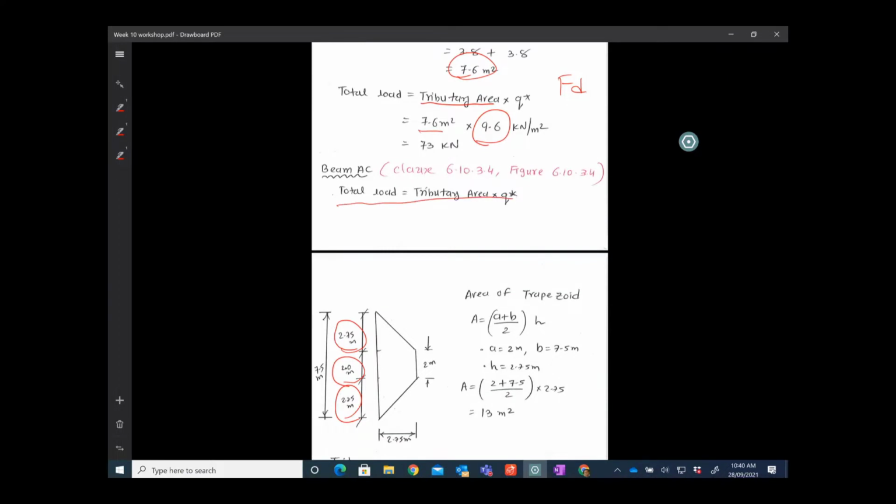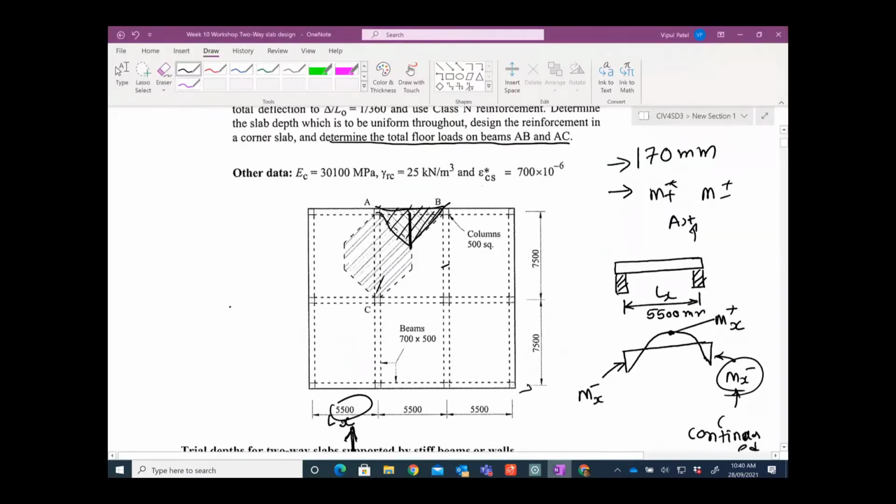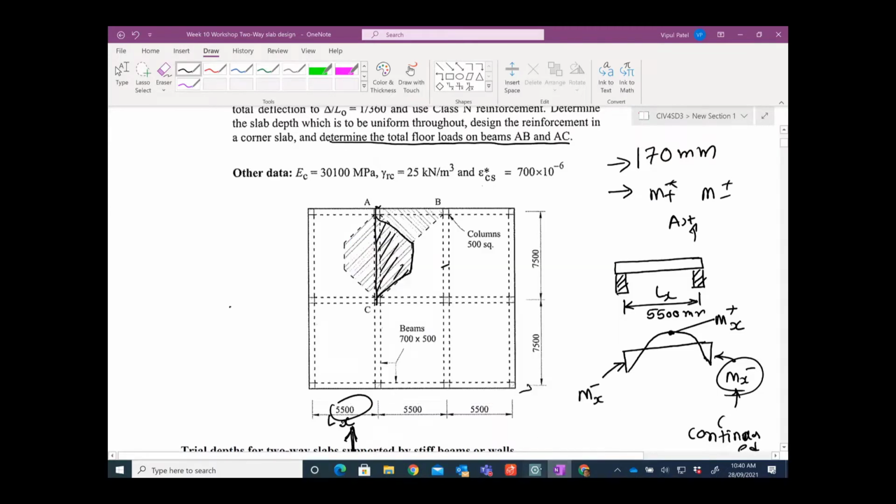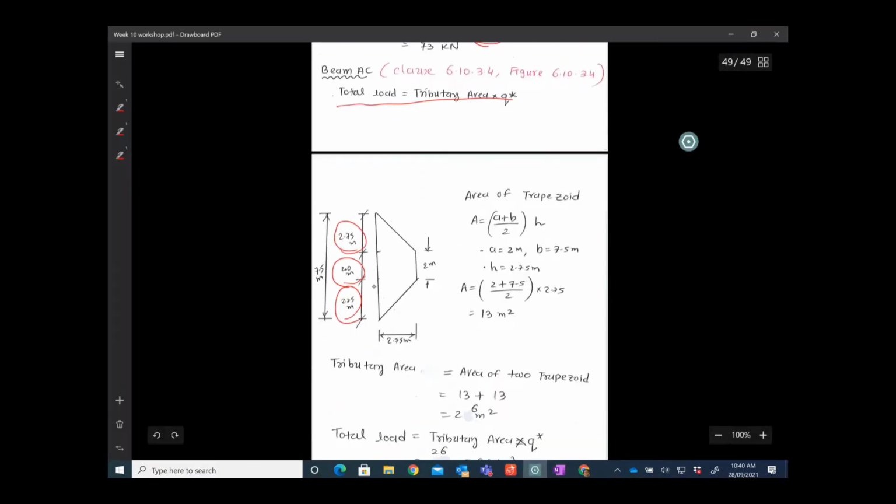Now in the beam AC, where is the beam AC? Beam AC is here. Then you have this tributary area here that we can just find as the trapezoidal. That is coming, by the way, from these standards. So in that case, we have this trapezoidal. I calculated these 2.75 from these triangles. If you know this distance, you are in the position to calculate this 2.75 and 2.75.